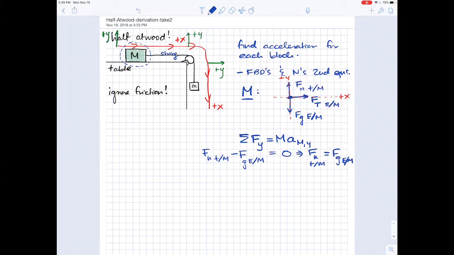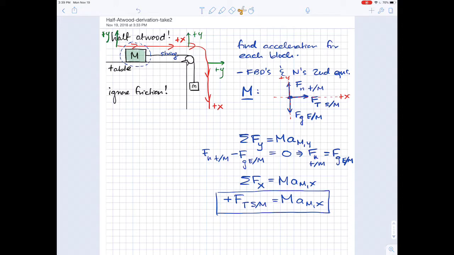That seems kind of straightforward. And in the x direction, we have only one force, and that is the force of the string on the mass. That's in the positive x direction. Okay, so that's our main, most interesting equation.